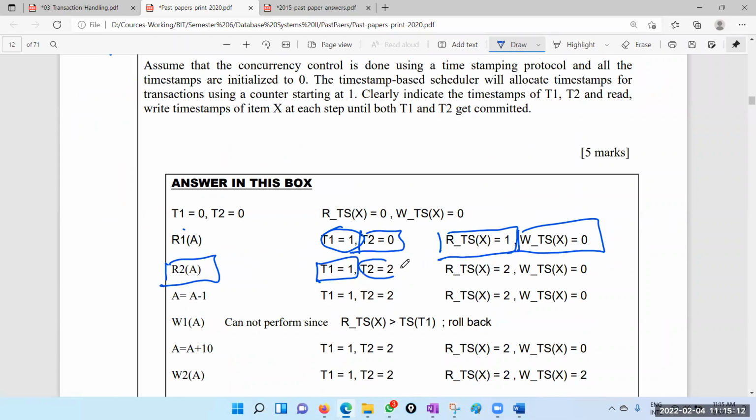Now you are a younger transaction, therefore you can read it, and you have to update the read timestamp of X to 2. Still the write timestamp is 0. That is okay, right?